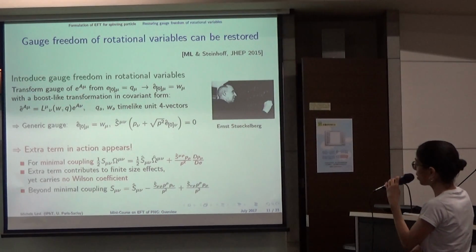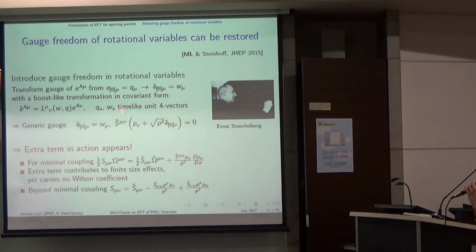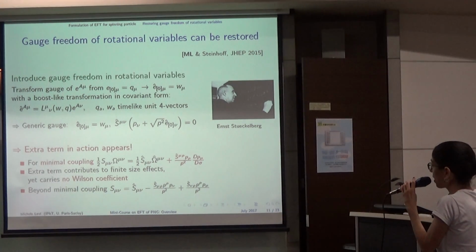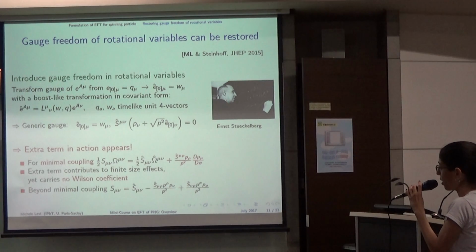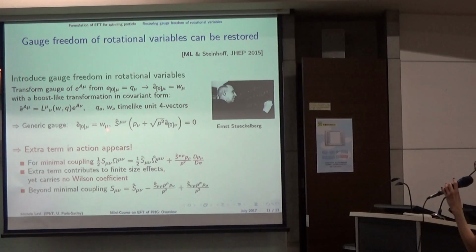We think about the time-like vector of the tetrad, given in some choice of time-like vector, and we make a boost-like transformation to this vector, in covariant form, something that keeps covariance, and then we get to a generic gauge.